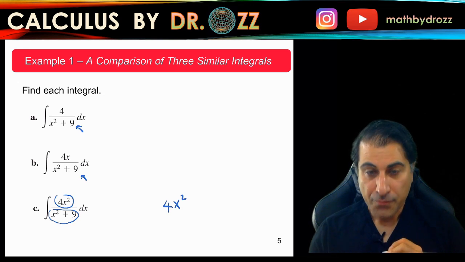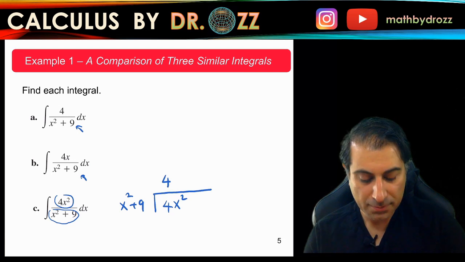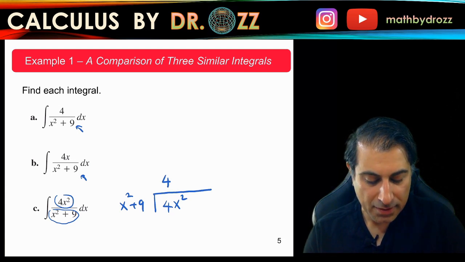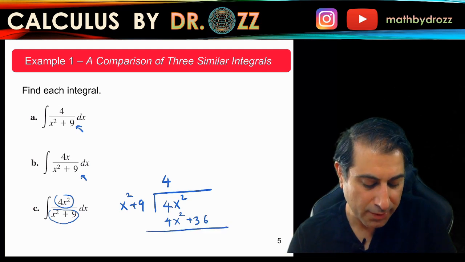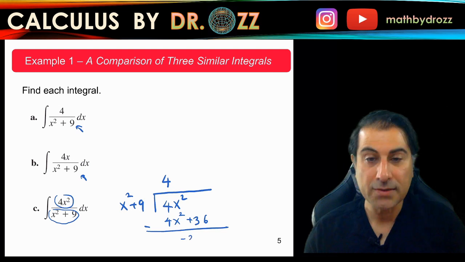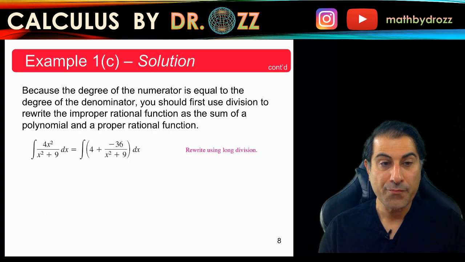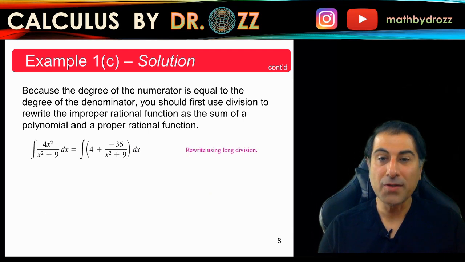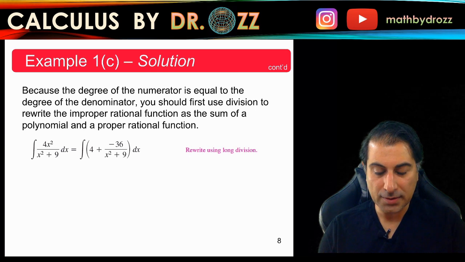Okay, and now we put a 4 here, so 4 times x squared plus 9 is 4x squared plus 36. If you subtract, you have negative 36 here. So let's go ahead and rewrite this rational function. Here we go. We have 4 plus negative 36 divided by x squared plus 9.